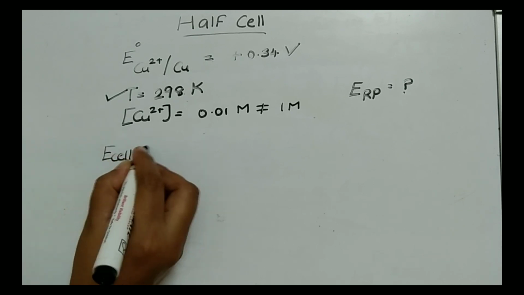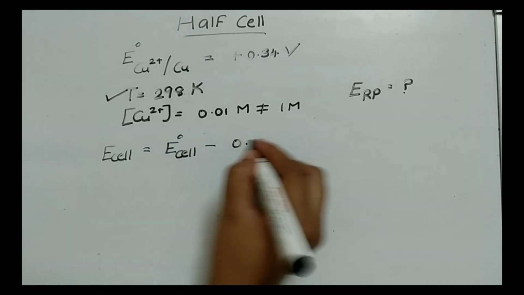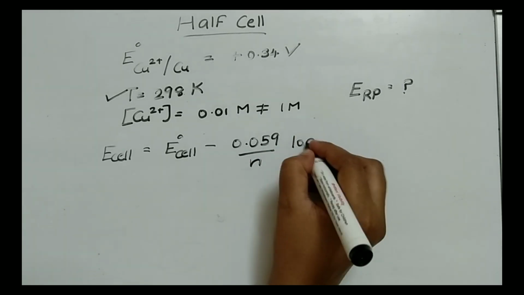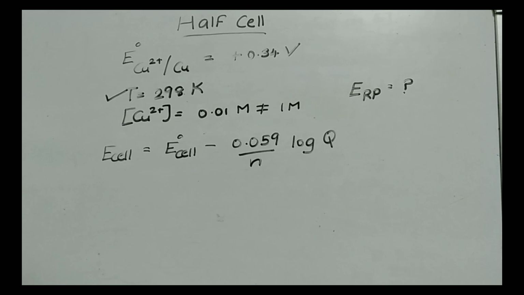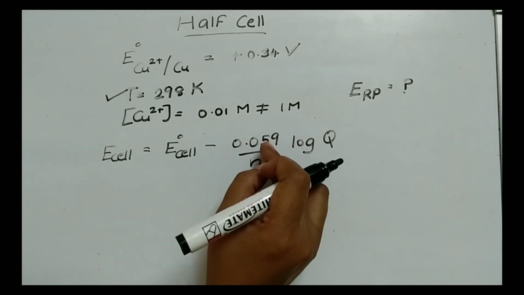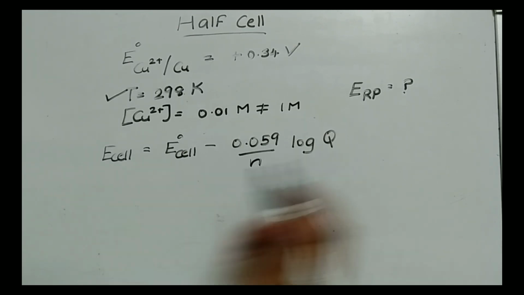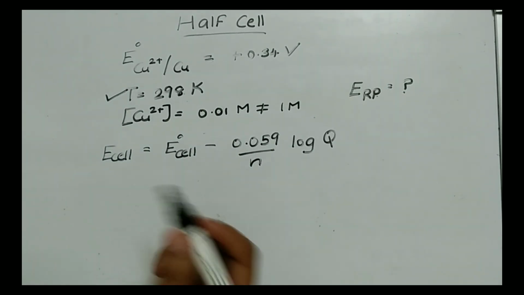E cell is equal to E degree cell minus 0.059 upon n log of Q. Hope you remember this equation. In the previous video we derived this, and how we got this value also. So E cell we need to find, the reduction potential of the cell.